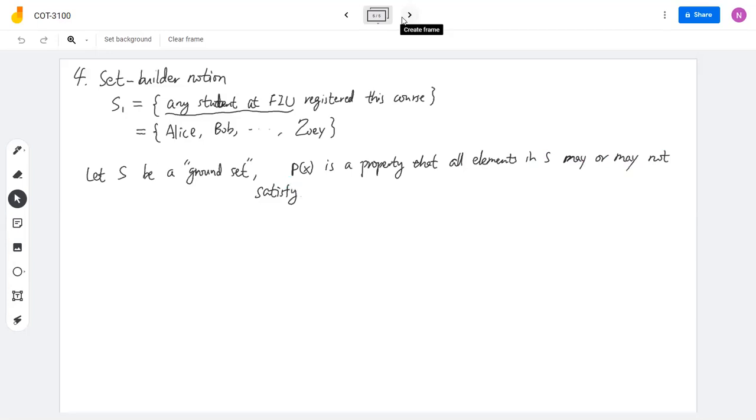And then we can define the set as {x in S | P(x)}, x belongs to S, then a vertical bar, then P(x).